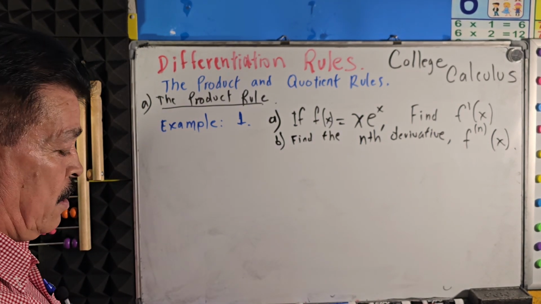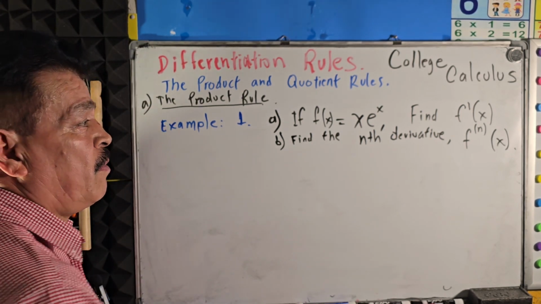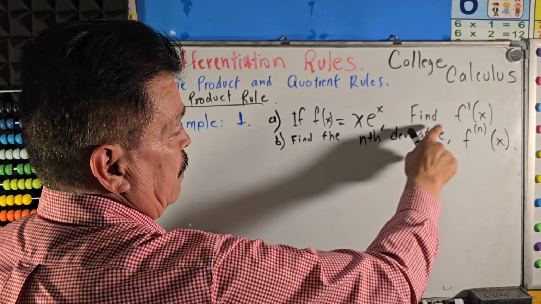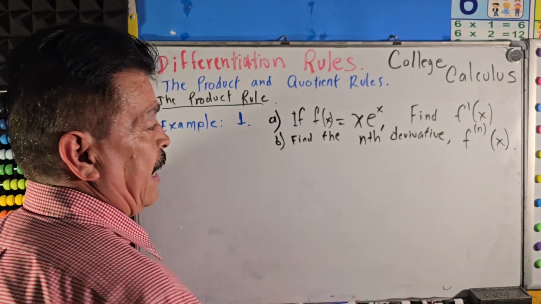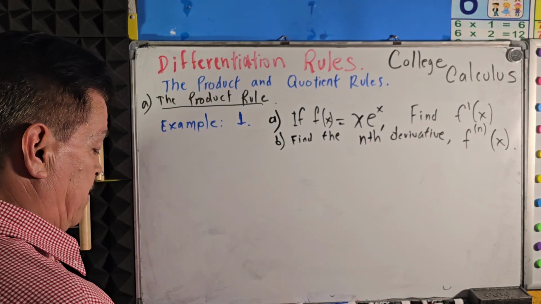What is the solution to this problem? In the first problem, we have to find the derivative of x e to the x power. Let me write down the process.